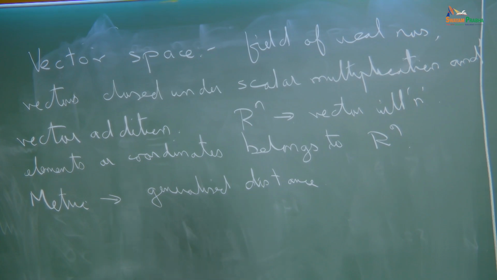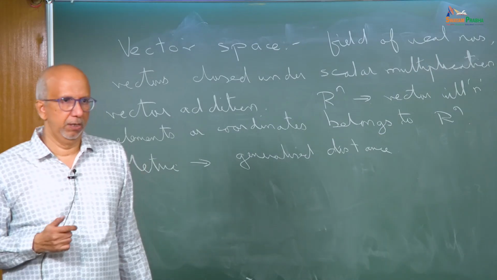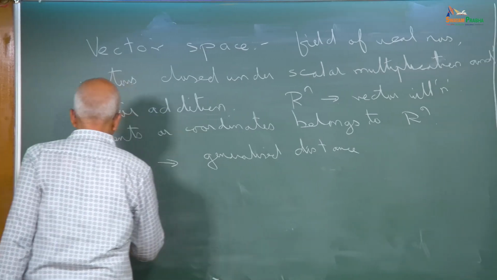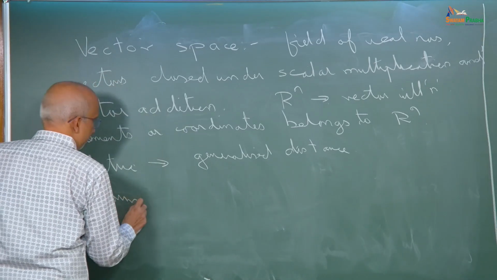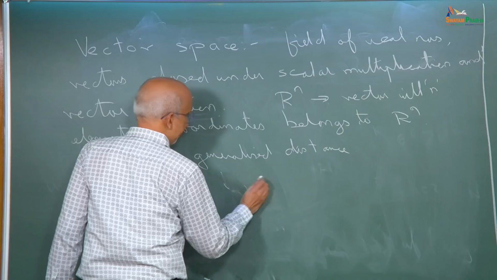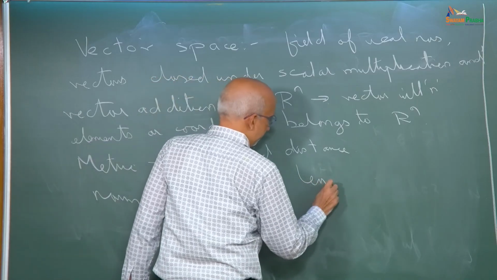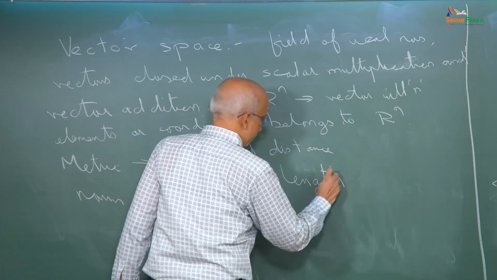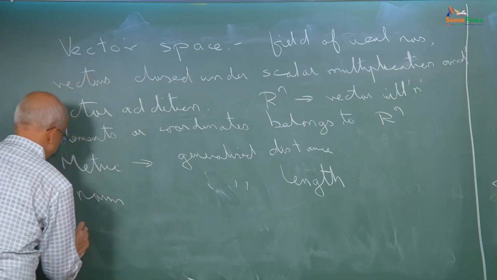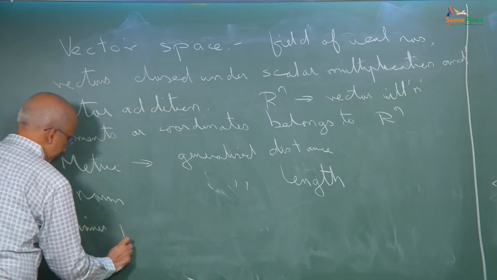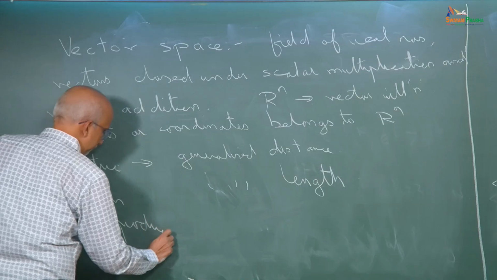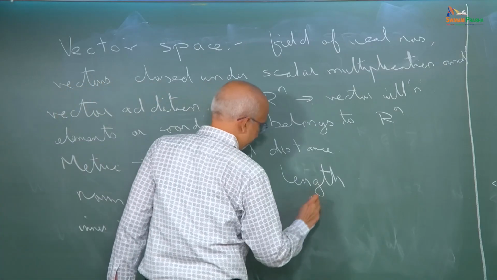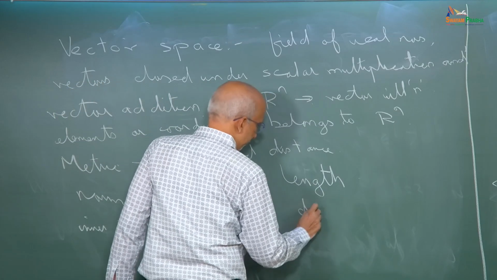We saw that you do not have to necessarily think in terms of Euclidean distance, which is what you normally think of. Similarly, a norm is a generalized length, and an inner product is a generalized dot product.